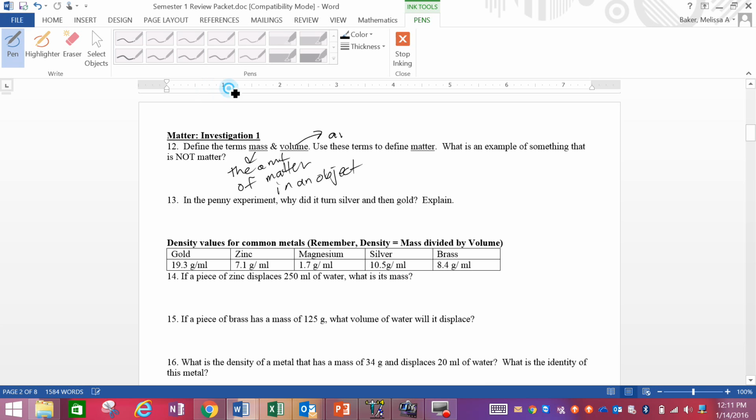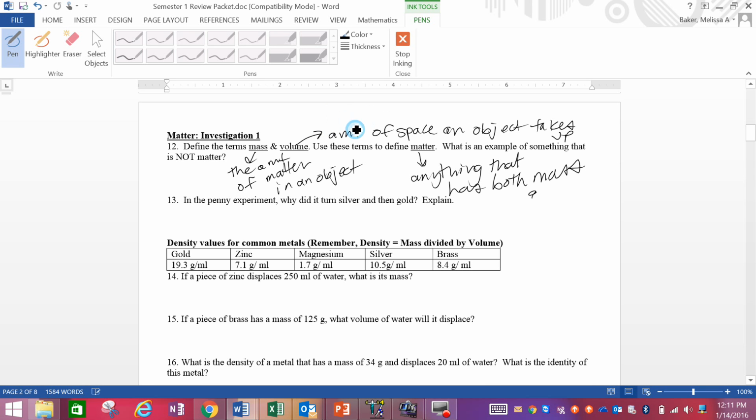Volume, on the other hand, is the amount of space an object takes up. Therefore, matter is anything that has both mass and takes up space.